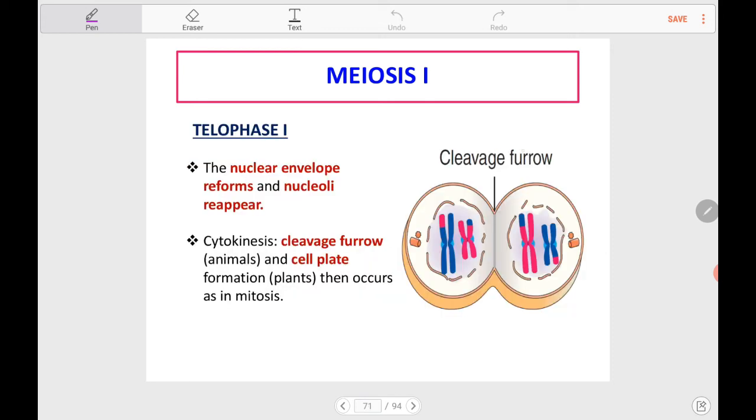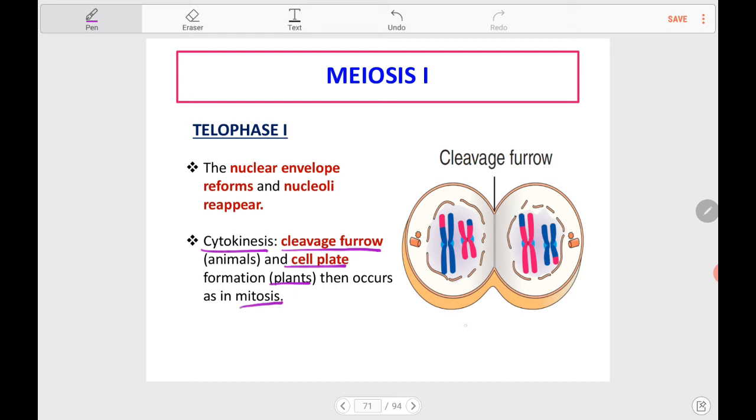So during telophase 1 juga, cytokinesis usually akan berlaku. So in animal cell, cytokinesis still occur by the formation of cleavage furrow, but for plant cell, it will occur by formation of cell plate. Sama je macam dalam proses mitosis.